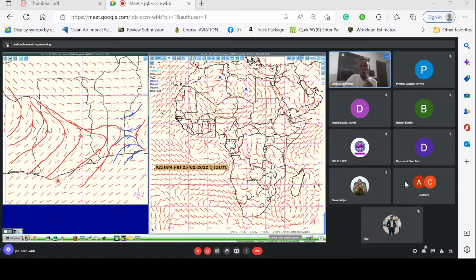So on a 95 hectopascal level, you are looking out for the anticyclonic vortices and the cyclonic vortices. The winds will be moving from anticyclonic vortices into cyclonic vortices. So if you are getting this anticyclonic vortex over the ocean, pumping moisture into the country, maybe there's a cyclonic vortex somewhere in the country, then you expect more moisture to be thrown into that low vortex or cyclonic vortex that you are seeing within that area.